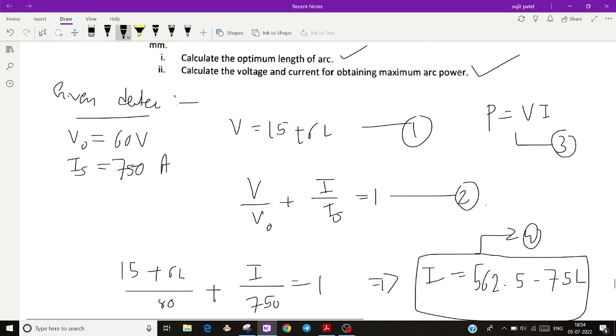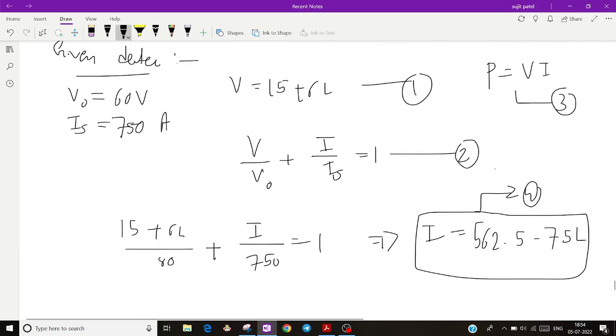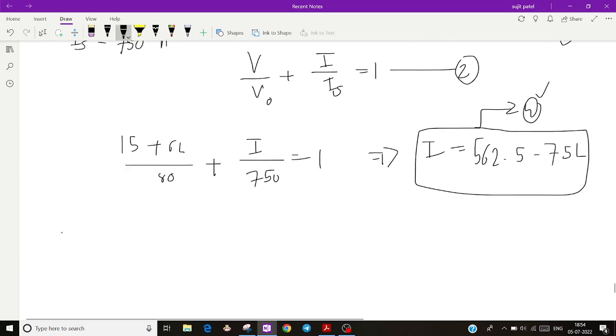Now we have voltage and current both in terms of L, that is arc length. So from 1, 4 and 3 we have the value of power, that is VI, where voltage is equal to 15 plus 6L into 562.5 minus 75L.